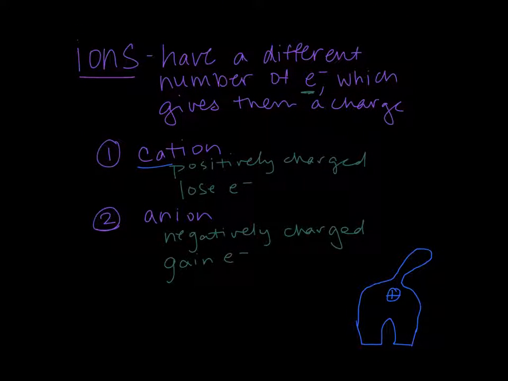All right, so let's look at some examples. So I've got, let's see. This oxygen with a -2 charge, and so that's going to be an anion, right?